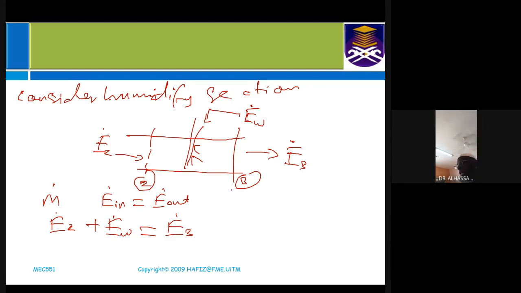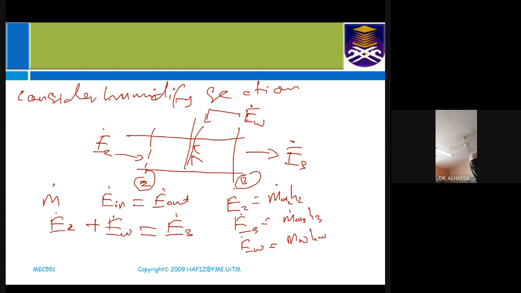So E2 equals mass flow rate of dry air times H2. E3 is mass flow rate of dry air times H3. EW equals mass flow rate of the water times enthalpy of the water. So that's the enthalpy of the water.